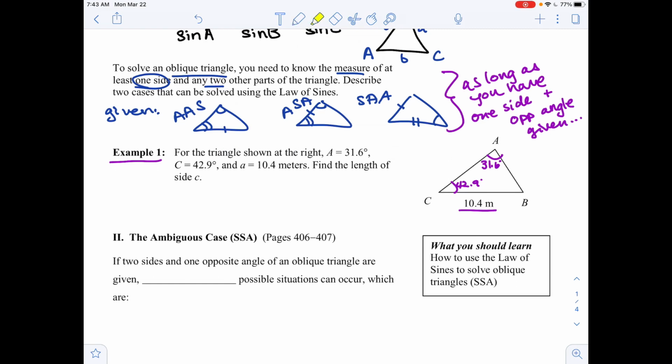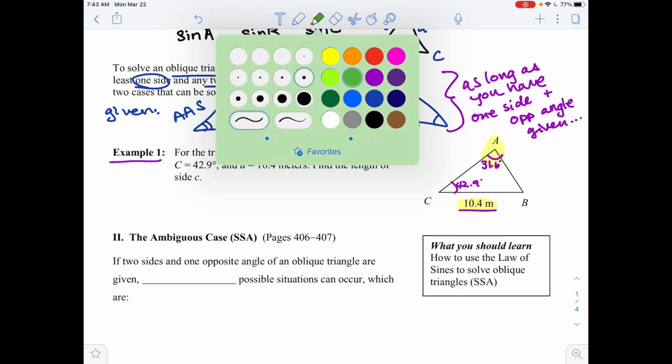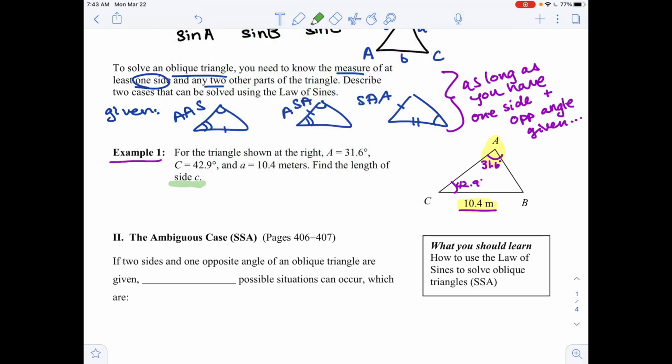So we see here we've got angle A and its opposite side. That tells me I can use the law of sines here. What we're looking for is side c, which is opposite of angle C. So this is side c right here. And again, we're given its opposite angle, so we're in good shape.